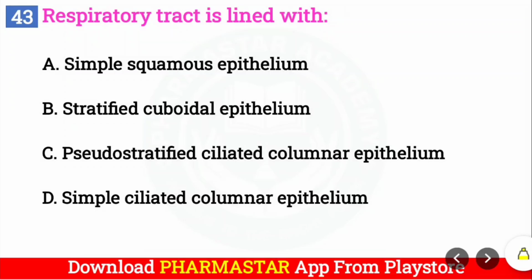This tissue lines the upper respiratory tract and larger conducting tubes such as the trachea and bronchi. It features cilia that move mucus to trap and remove debris. D. Simple ciliated columnar epithelium. As the respiratory tubes get smaller, the epithelium thins out from pseudostratified to simple columnar and eventually simple cuboidal. That's why the correct answer is option C, pseudostratified ciliated columnar epithelium.